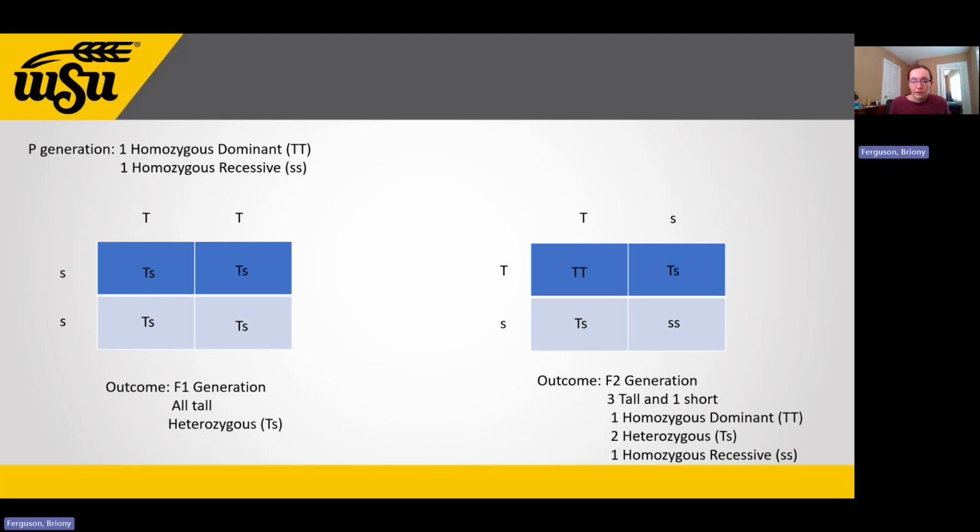So even though this heterozygous and homozygous dominant are different genotypes, they're still going to code for this plant being tall. Whereas, let's see if I can change the color of this.